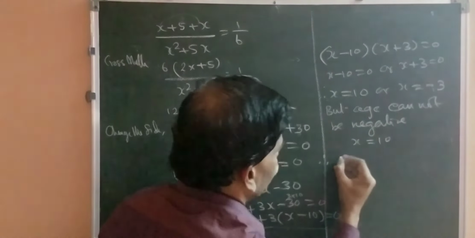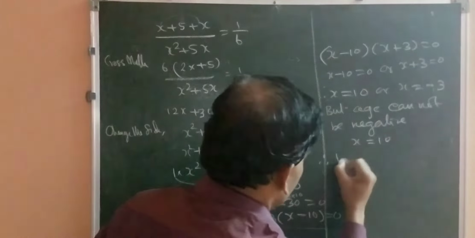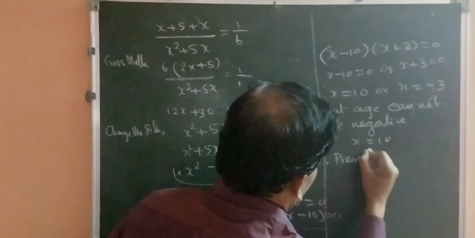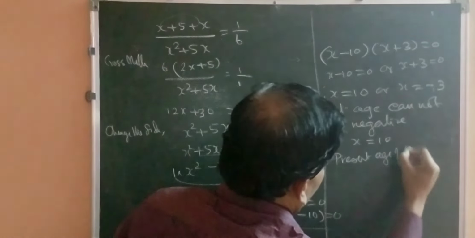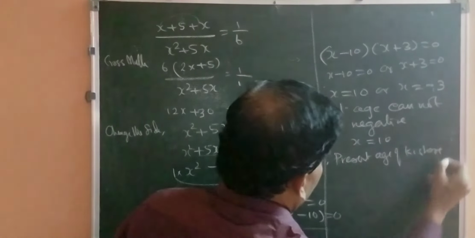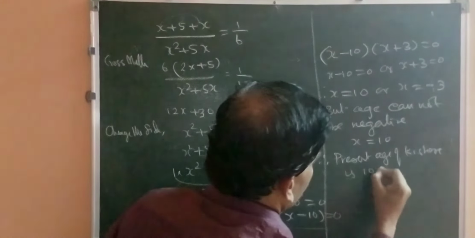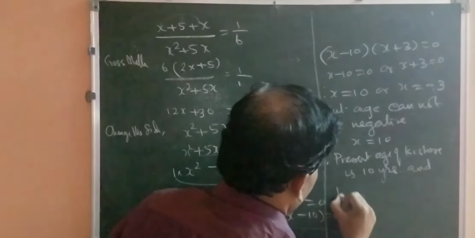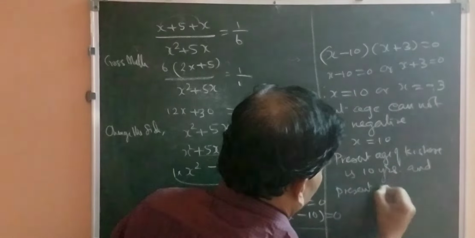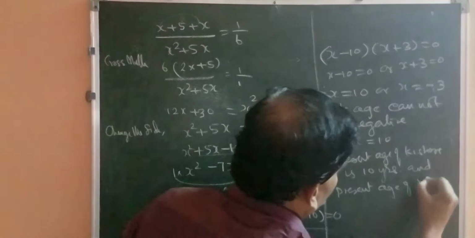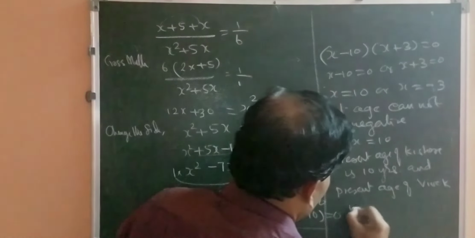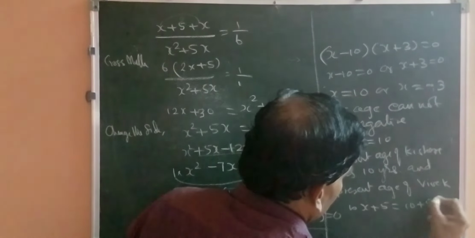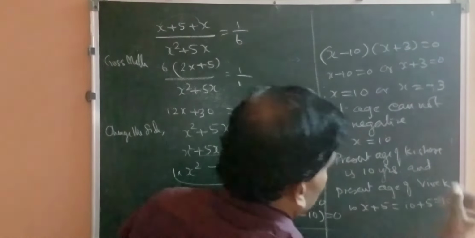Therefore, the present age of Kishore is 10 years, and the present age of Vivek is, what is that? x plus 5, means 10 plus 5 equal to 15 years.